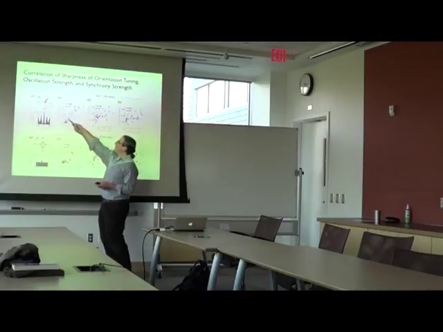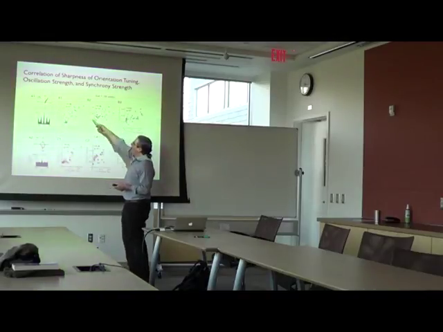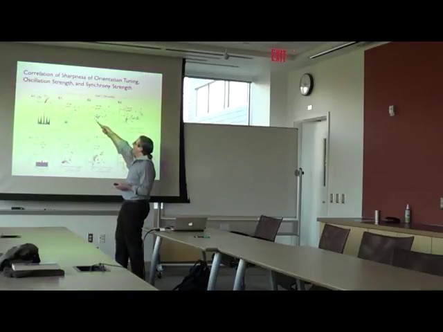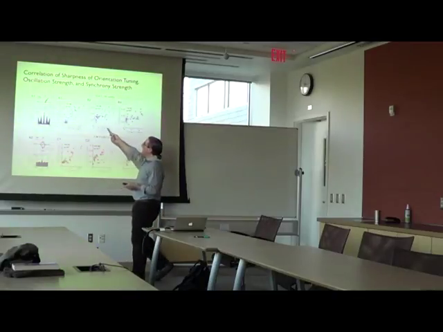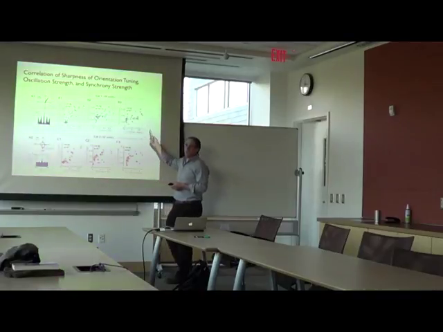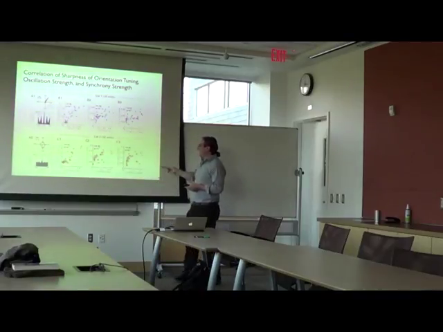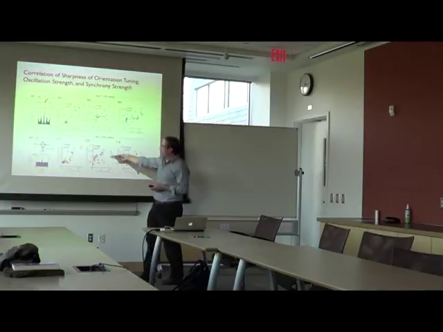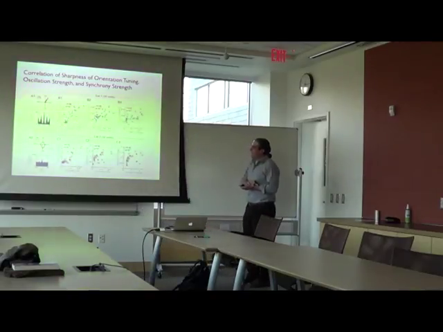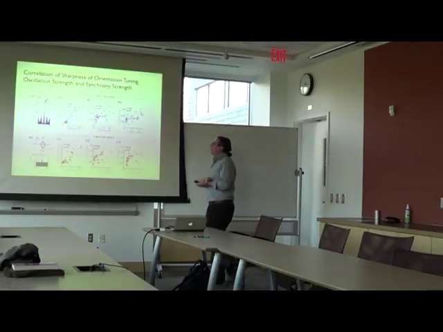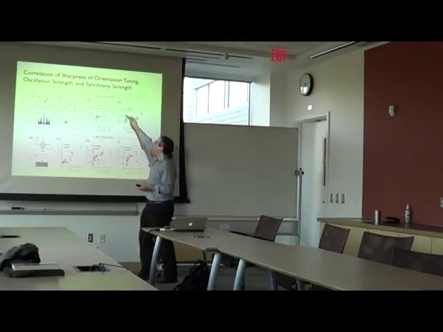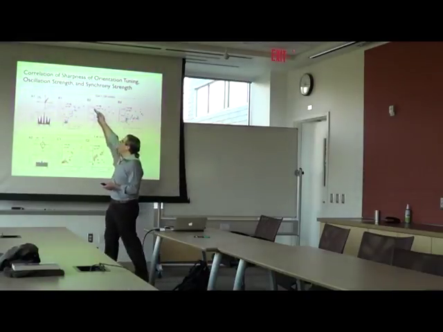So here, what you see is a correlation between the oscillation strength and the orientation selectivity, the synchrony strength and the orientation selectivity, the synchrony strength and the oscillation strength. That's for one cat. This is for another cat. You see a very similar behavior. And so what we're claiming is the synchronization hubs are essentially this group that lies up here.